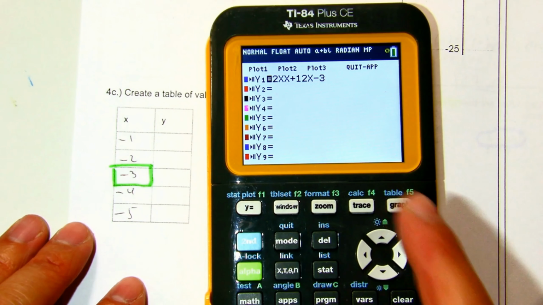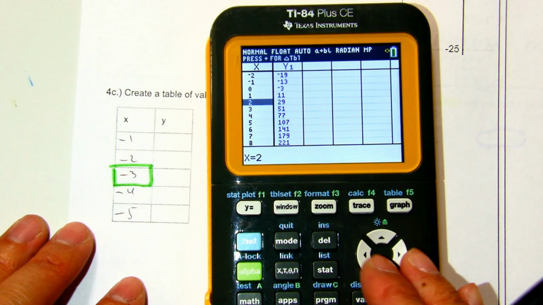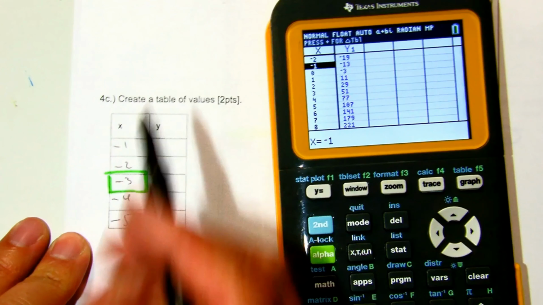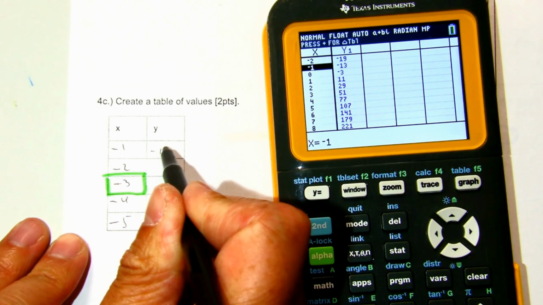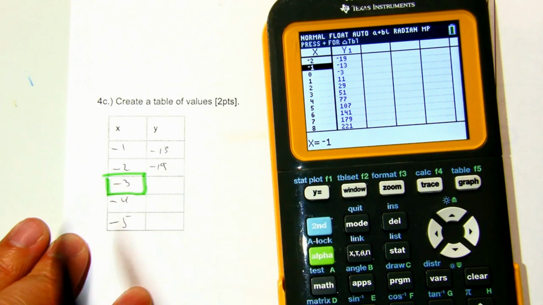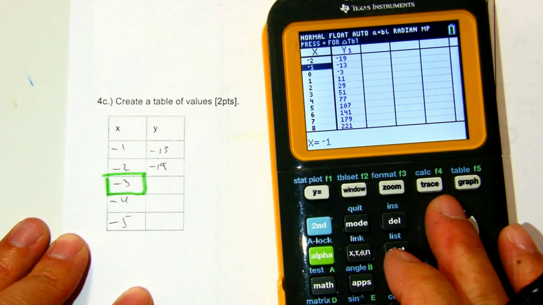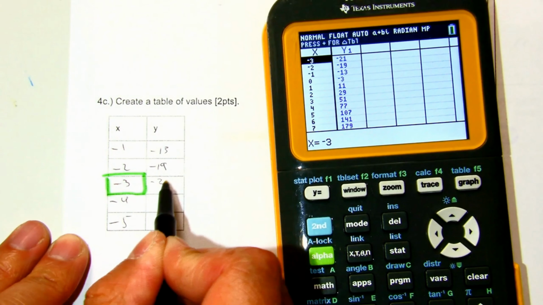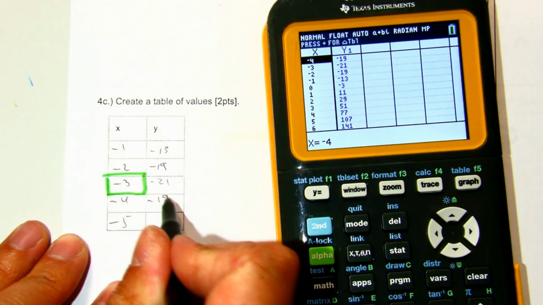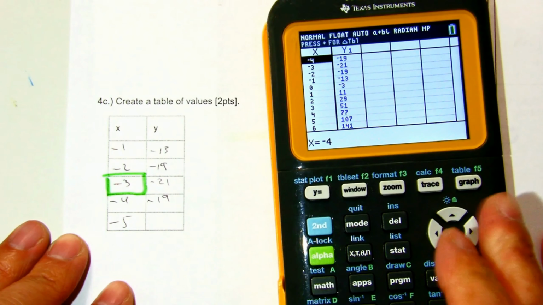I'm going to go to my table, look for negative 1, I got negative 13, negative 2, negative 19, negative 3, negative 21. You'll notice that is the lowest or smallest number, negative 4, negative 19, and negative 5, 13.